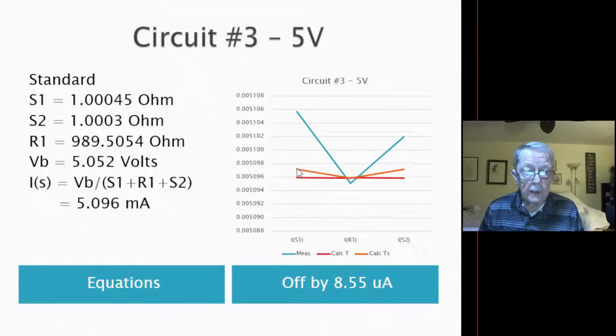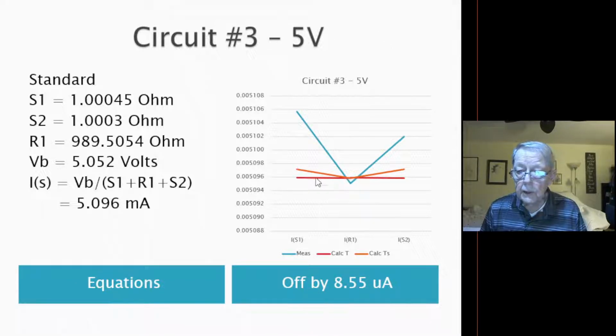Now, what was interesting is how far off I was, because I made some assumptions about the G2 mass of all 3 of these resistors. I made the assumption, and I don't know if I was right. It looked like it gave me reasonable results when I looked at the spreadsheet. I have the values for these points in the spreadsheet, so I took this value, subtracted that value, and the difference there is only 8.5 microamps.